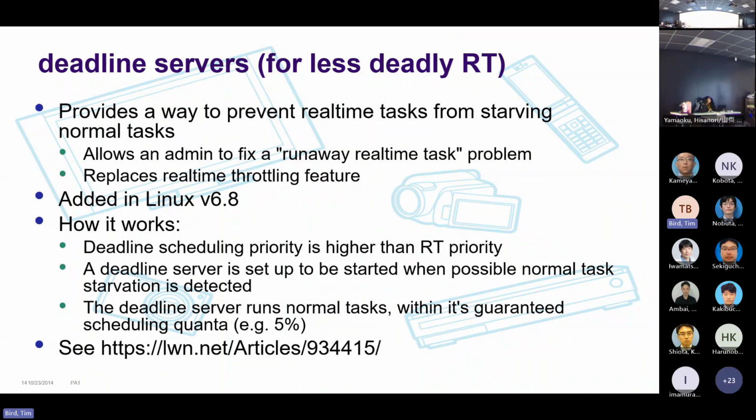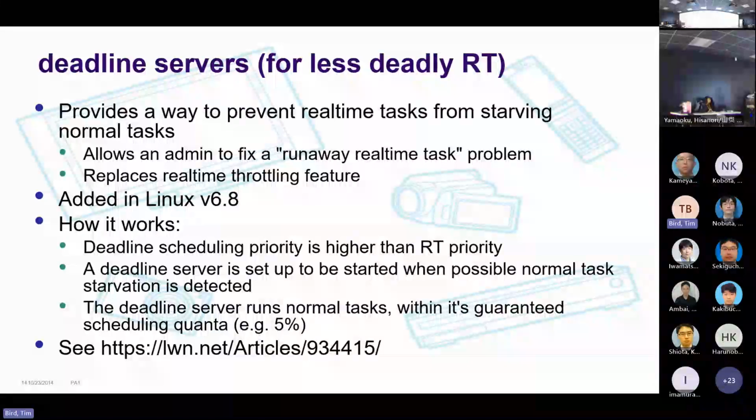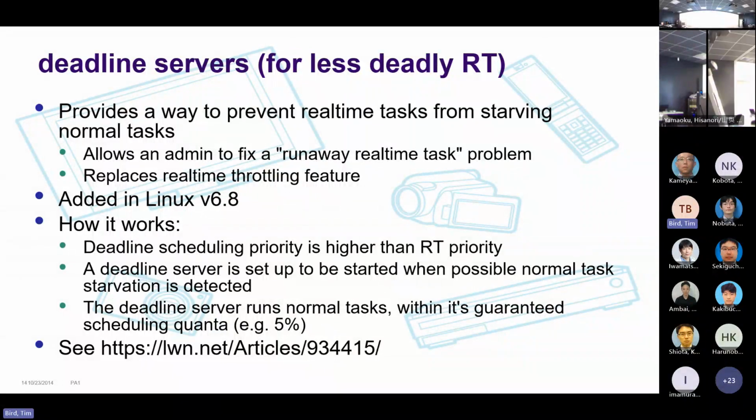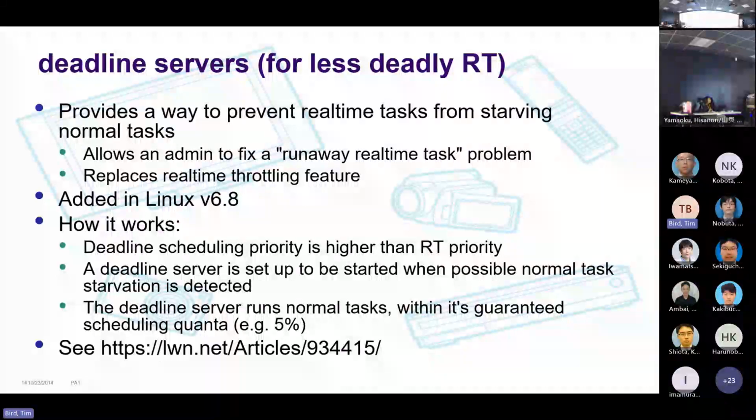If you had a bug in your real-time task, then you could end up with a system that you couldn't break into. And there were some mechanisms that Linux had. One of them was called real-time throttling that allowed you to fix that problem.